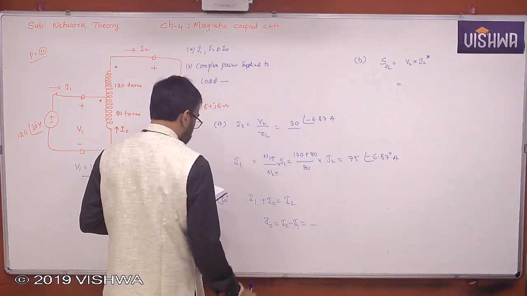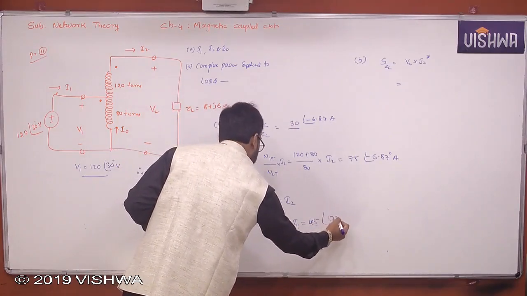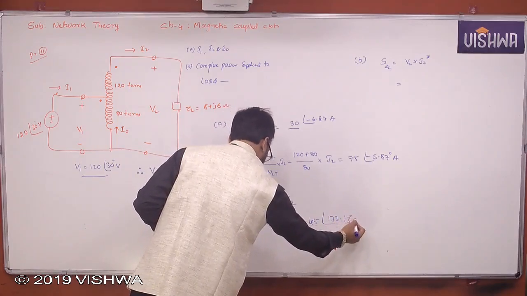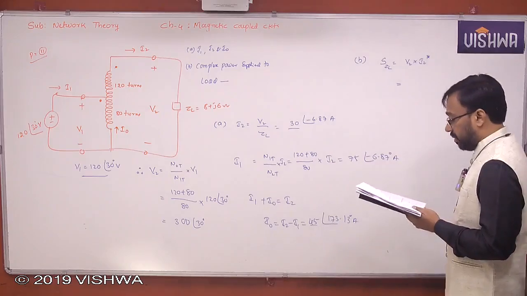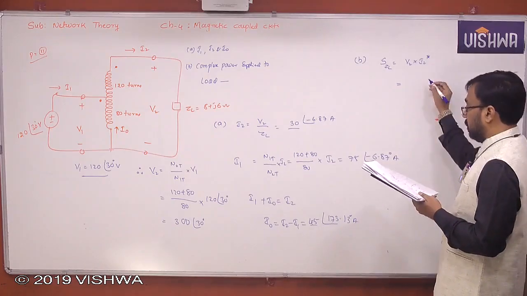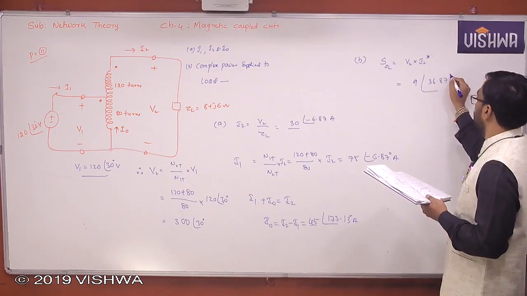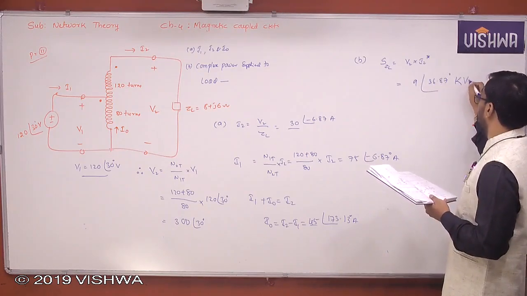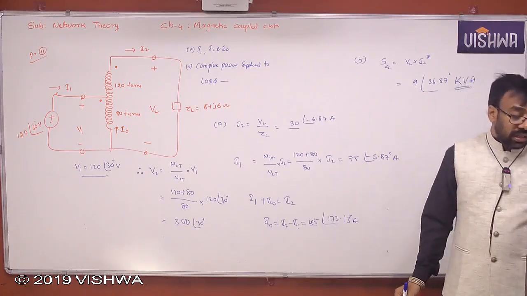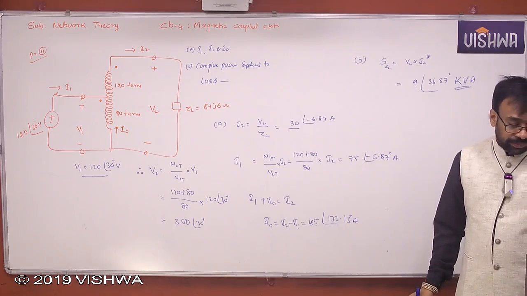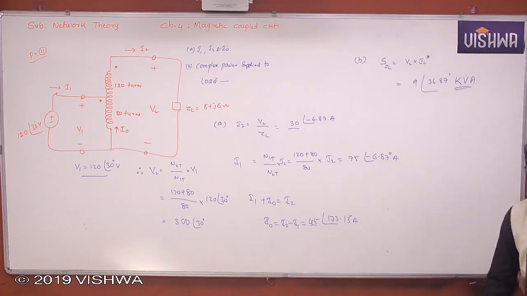I0 here is 45 at an angle of 173.13 amperes. Once you substitute V2 and I2 conjugate, you get 9 at an angle of 36.87 kilovolt ampere. Underline this. That means you get 9,000 volt ampere.